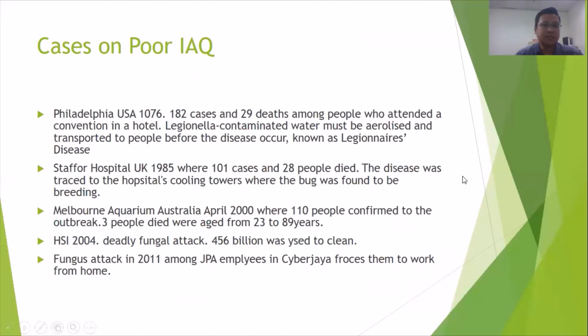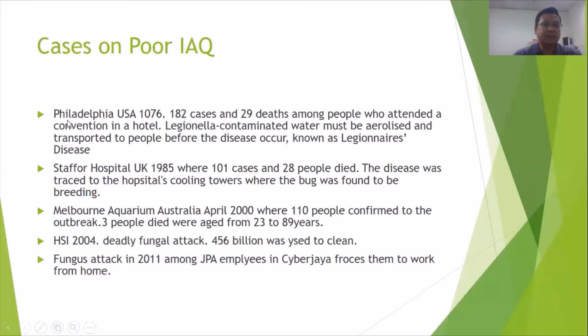This one is cases that have been reported before. Actually, we developed the IAQ standard based on the previous cases. From there, we try to investigate, study, and then produce something to improve the air quality.